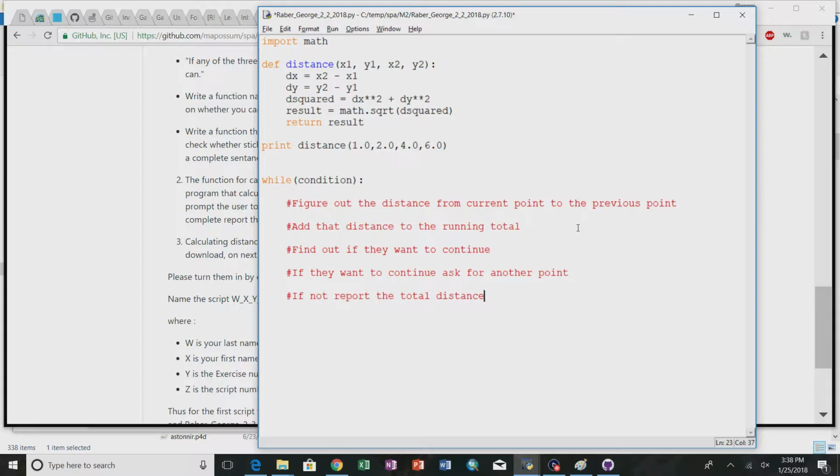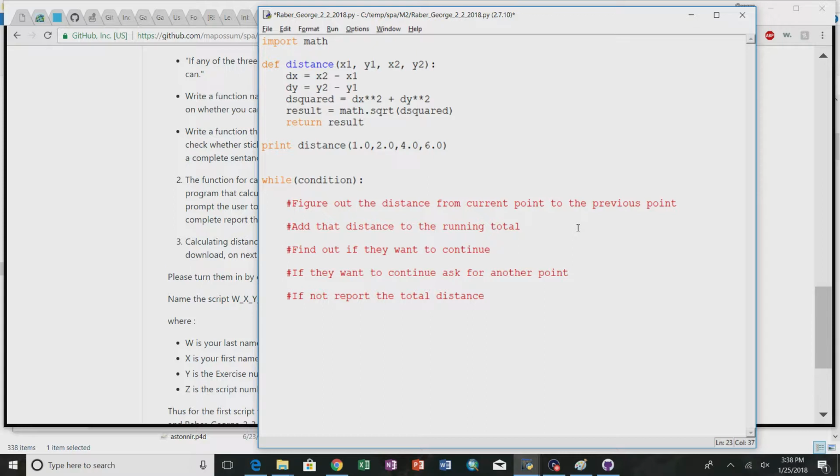All right. So let's figure out the distance from the current point to the previous point. How would we do that? We have a function to do it, right? Well, first of all, actually, I left out a step. What do we need to do first before we figure out the distance from the current point to the previous point?